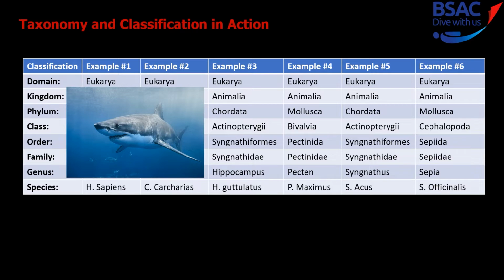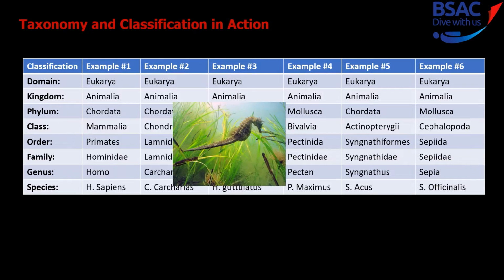Also, it has the order of Syngnathiformes, which translates to having a narrow body surrounded by a series of bony rings with a small tubular mouth. And as we've got a genus of Hippocampus and a unique species name of Hippocampus guttulatus, it has the common name of the long-snouted seahorse. And if it was of the species Hippocampus hippocampus, then it would have been the short-snouted seahorse.